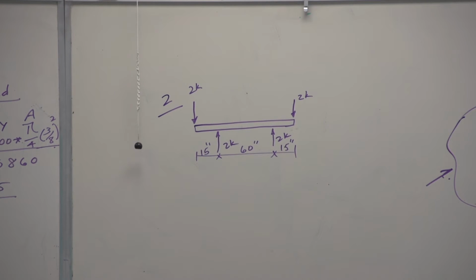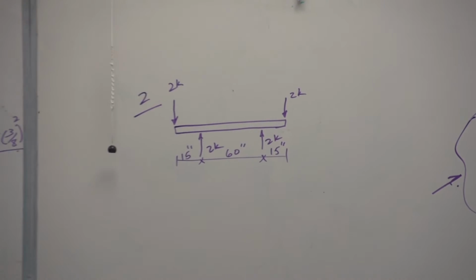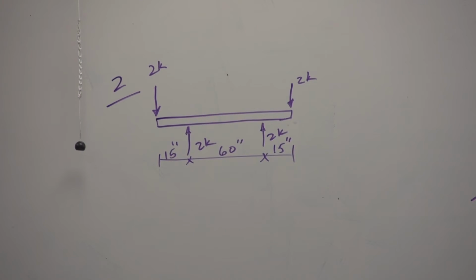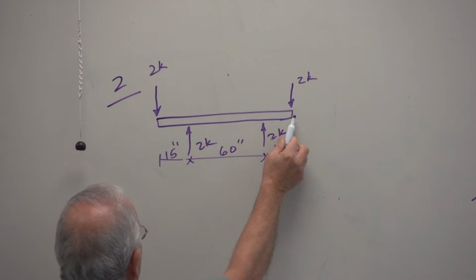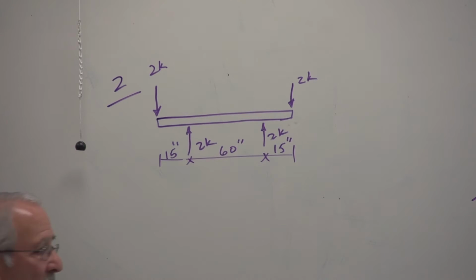These are supports. But if you take a look at the beam and the loading, these two are supports. Because of symmetry, these two loads must be equal, and each of them, therefore, must be equal to 2 kips.